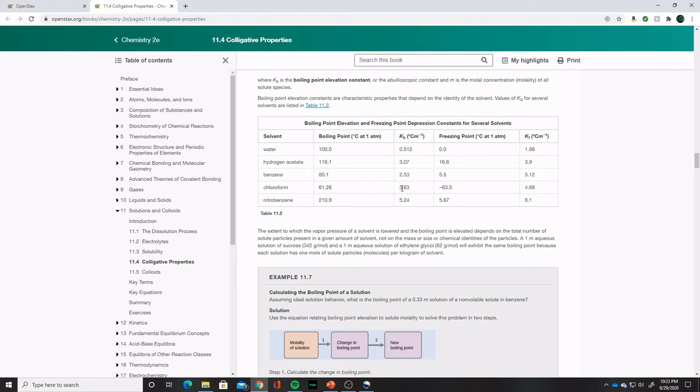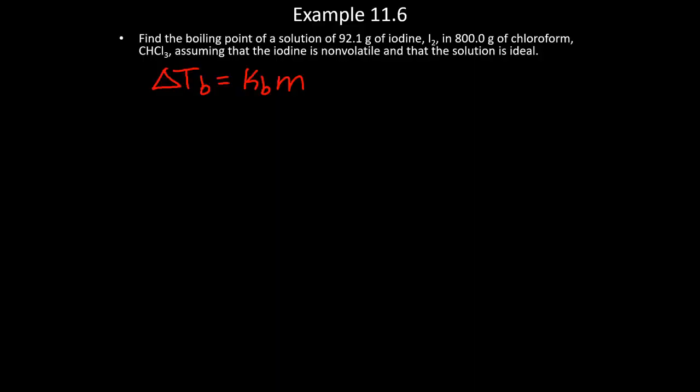So we have 3.63 and 61.26. 61.26 degrees C was the original boiling point of chloroform, and then 3.63 degrees C per molal was the constant. So we have this. We just need to find the molality.